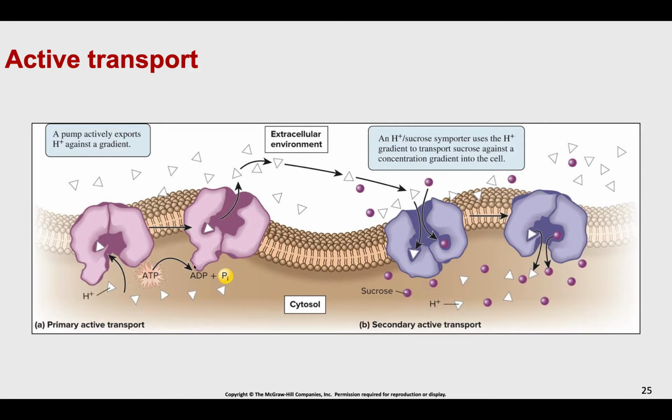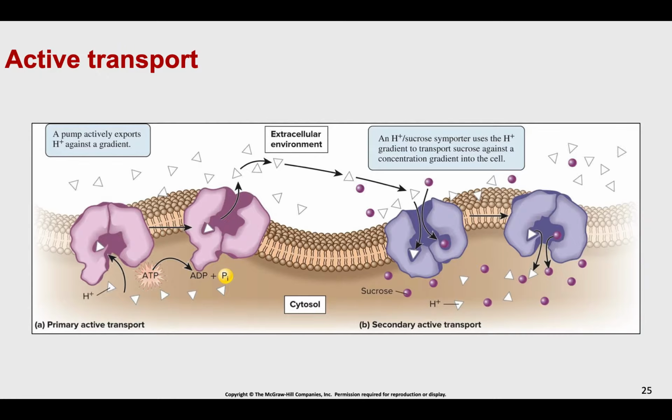So ATP is generating energy, changing the shape of the transport membrane and releasing that hydrogen to the opposite side of the membrane. So we're setting up this gradient where we have a large amount of hydrogen atoms outside of the membrane.